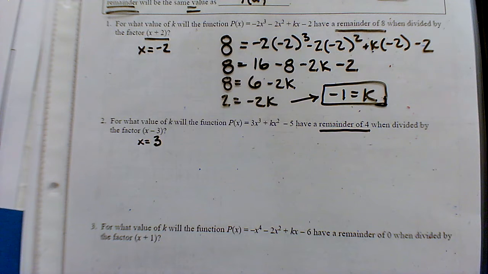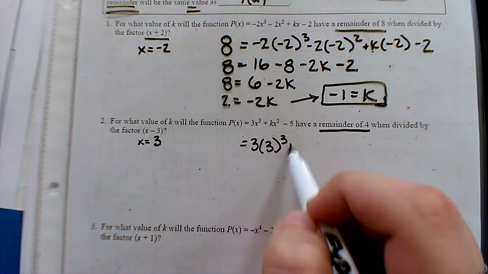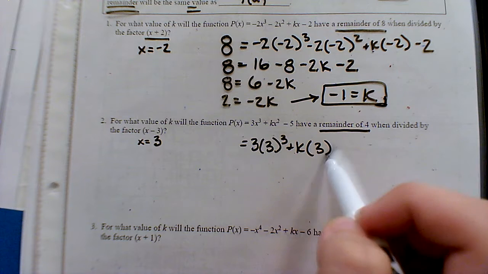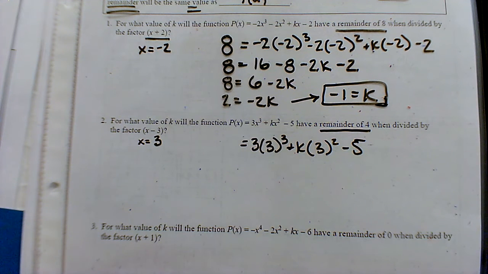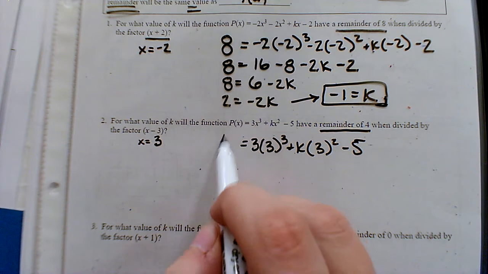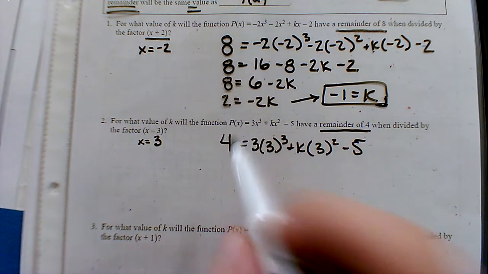So according to the remainder theorem, if we were to plug in 3 for all of those x's, our answer would represent the remainder from a synthetic division process, which we know is 4. So we're going to solve for k from there.